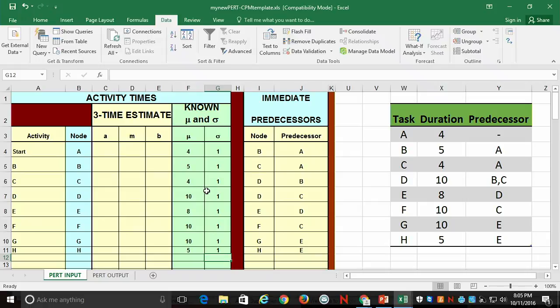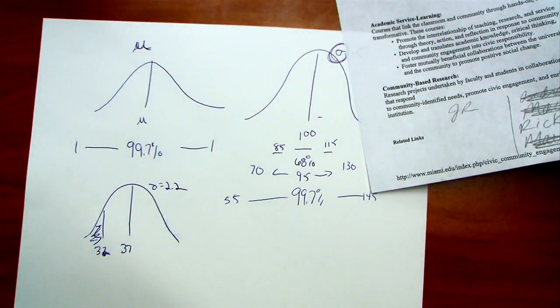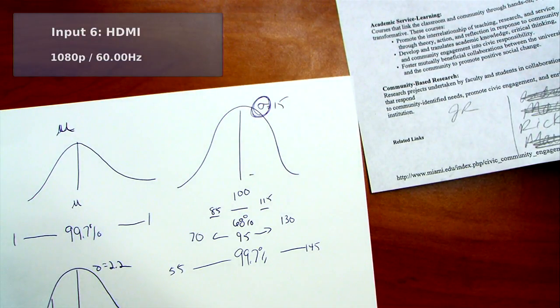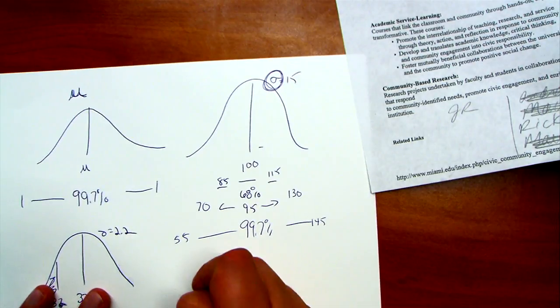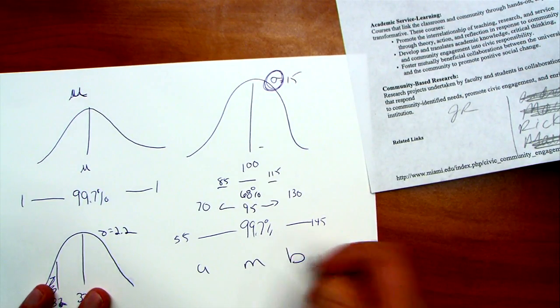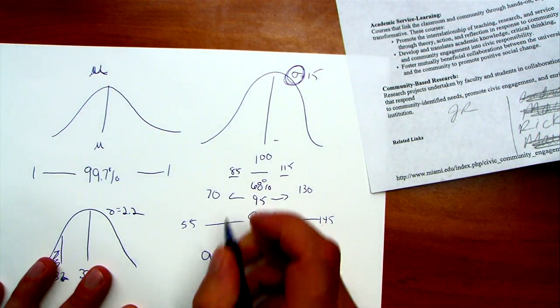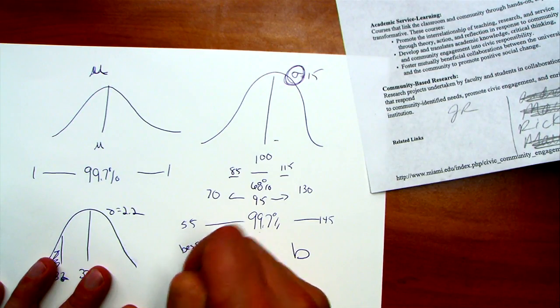So to try to capture that volatility in humanistic terms, people came up with, and this is part of the PERT CPM approach, something called the 3-time estimate approach, and this is useful in a lot of things. We can also use it for cost estimation. So we have 3 things. We have A, M, and B, where A is best case scenario.